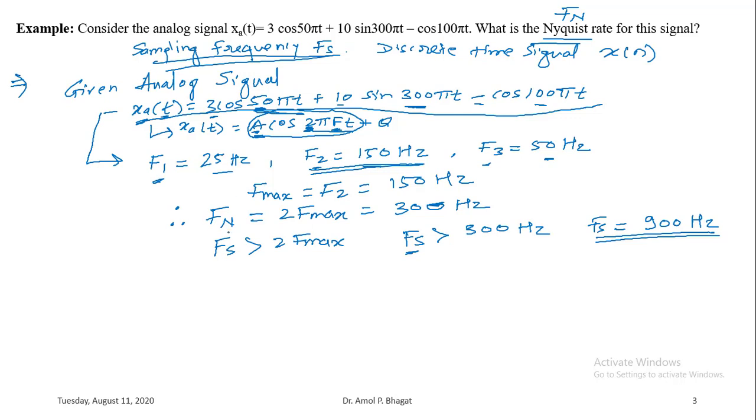So what we identified here, we have identified the Nyquist rate as 300 hertz, and we have taken the sampling frequency as 900 hertz. And how have we identified this Nyquist rate and sampling frequency? By identifying the maximum frequency component of the given analog signal. In the given analog signal, there were three frequency components: f1, f2, and f3.